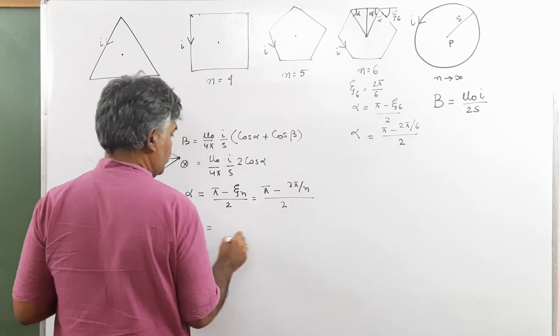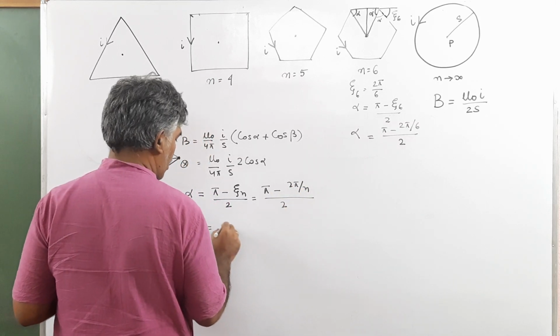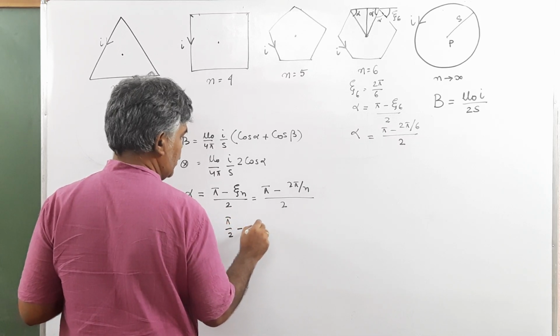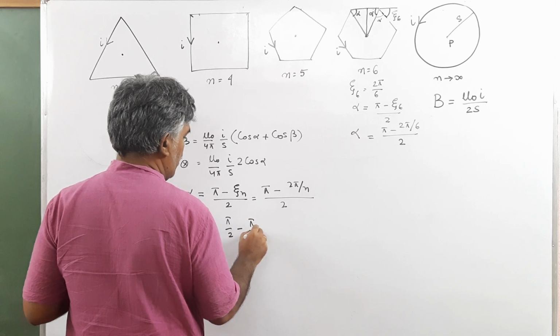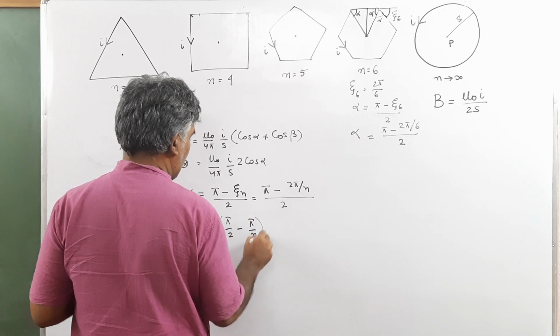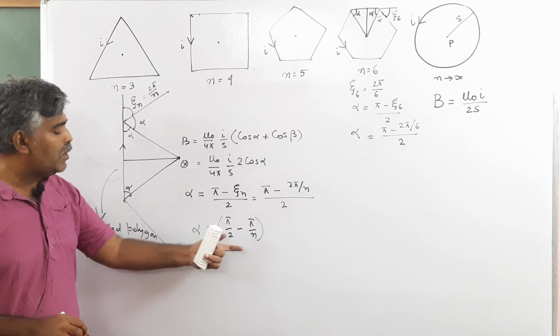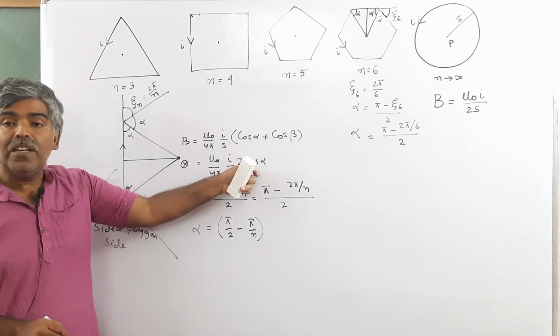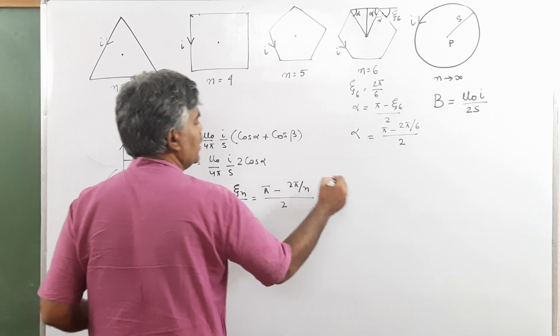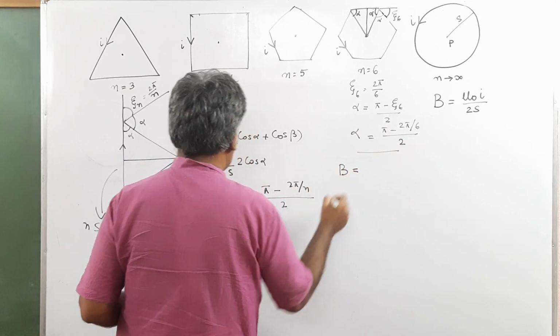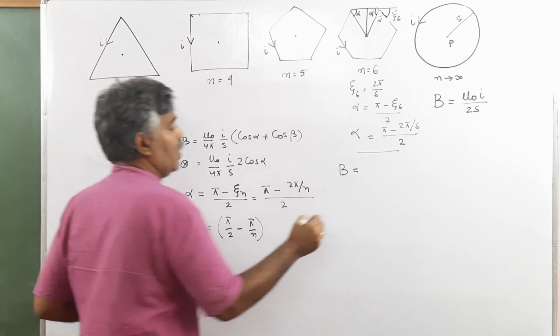So that is pi by 2 minus pi by n. So that is alpha, right. Now what you need to do is take this alpha and plug it in here. So what is B? B is, remember you have to multiply it by n.